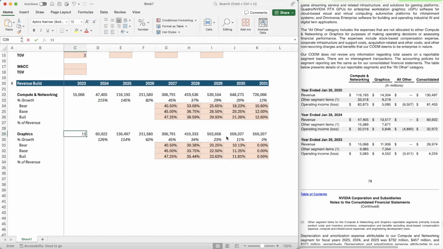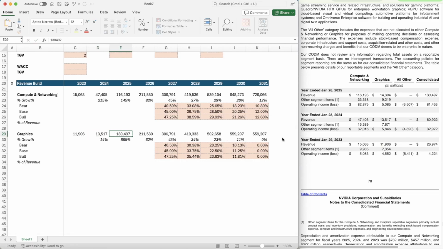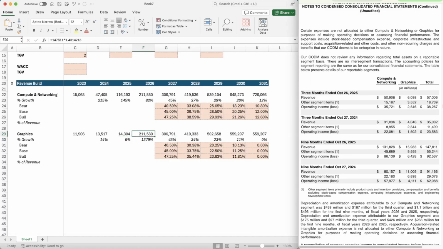So 11906, 13517, 14304. Onto the other page.